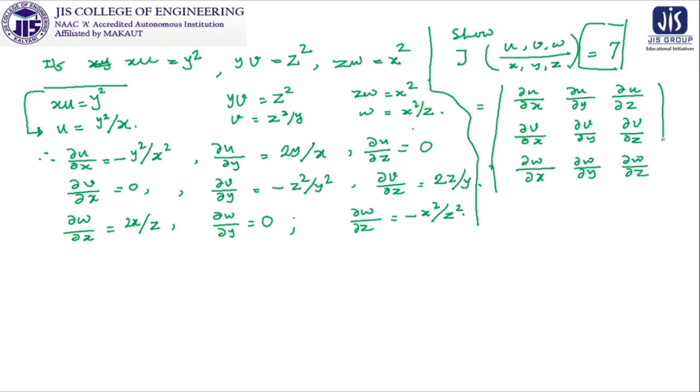Once we construct this Jacobian, we will just substitute the values we get from these 1, 2, 3, 4, 5, 6, 7, 8, 9 entries.